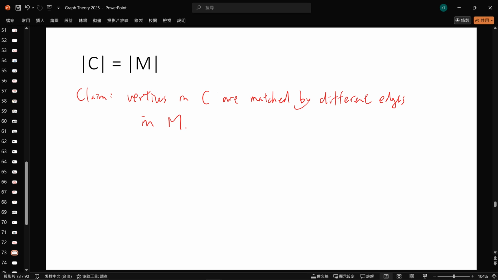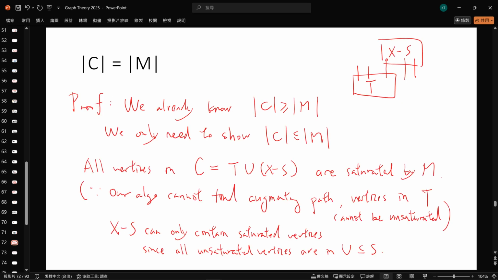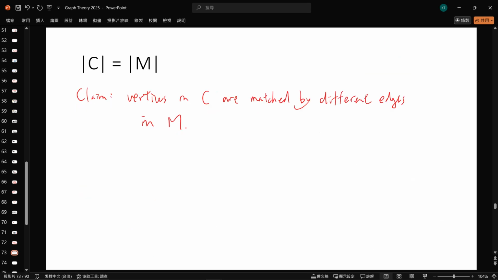Right. And also we know that the reason we can have the next claim is that first we have shown that they are all saturated. So if all these vertices are saturated, then they must be matched by the matching. So therefore we can consider this claim, which says they are matched or incident to different edges in the matching.